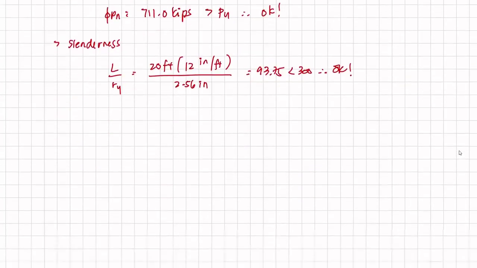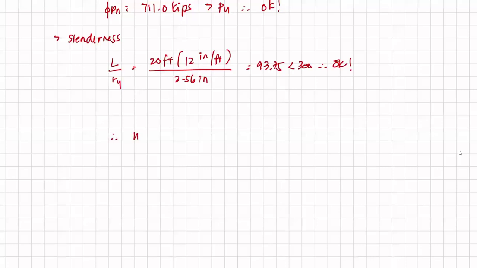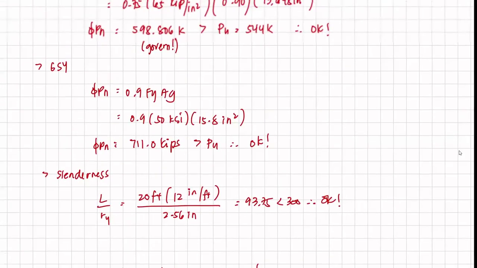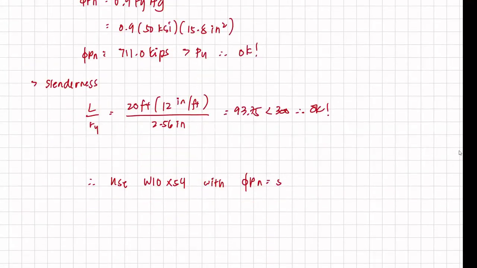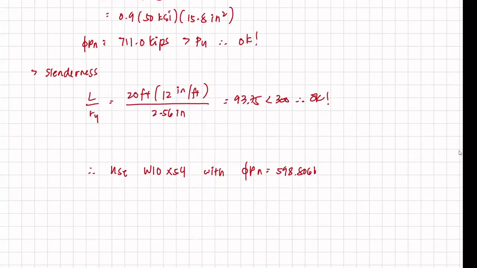Okay, so therefore, use W10 by 54 with PN is equals to 598.806 kips. Tapos check din natin ang efficiency niya.